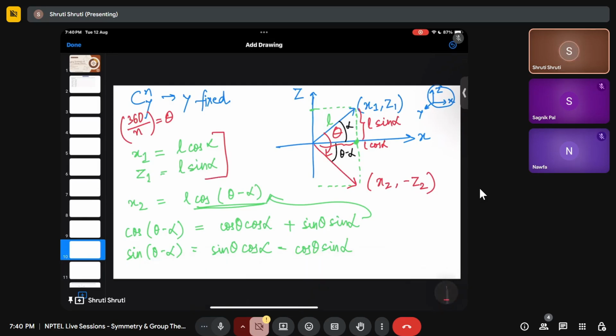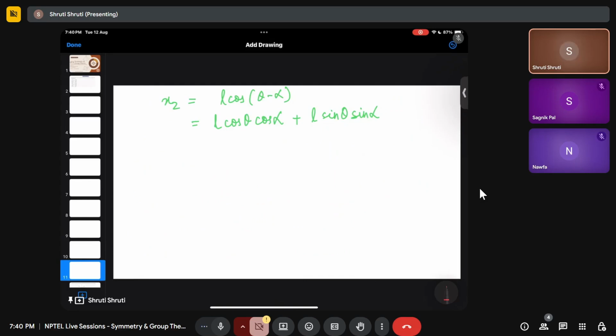These two you have to replace. So x2 becomes x1 cos theta plus z1 sin theta, right?